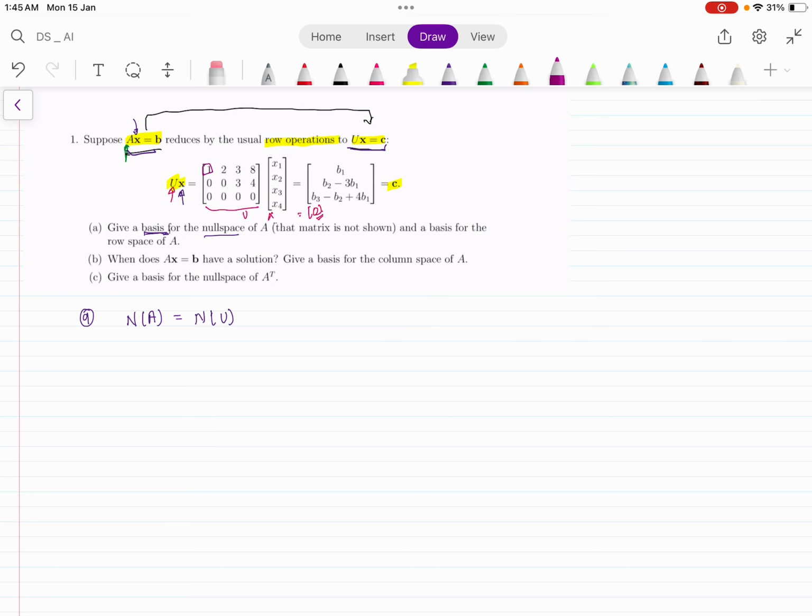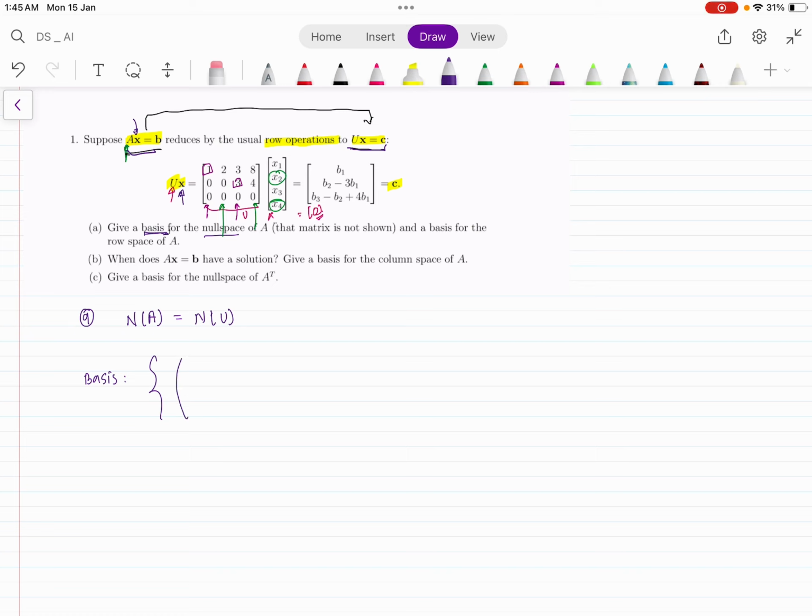Now you see here we have one pivot, two pivots, so these two are the pivot columns and these two are the free columns. So we can assign x2 and x4 any number. So we are finding the basis of the null space.